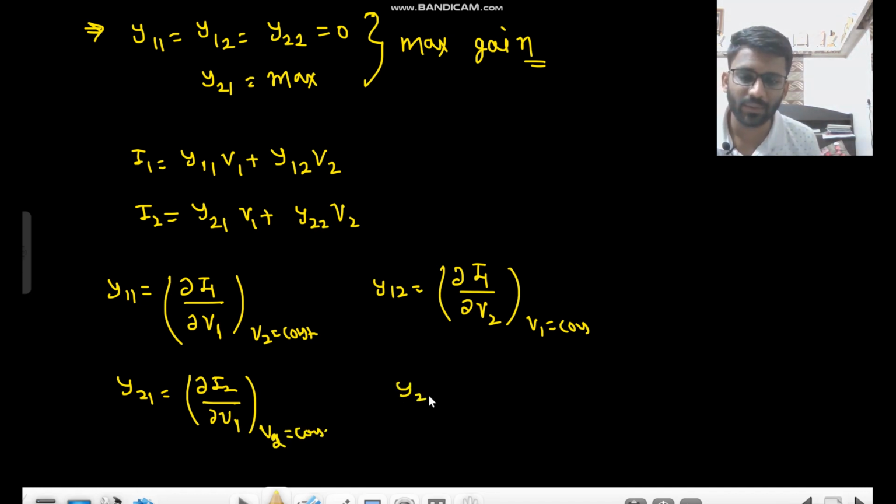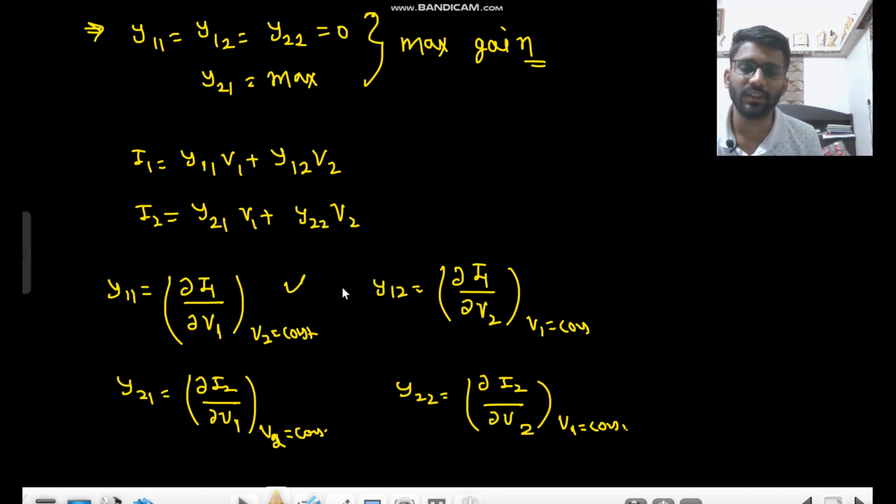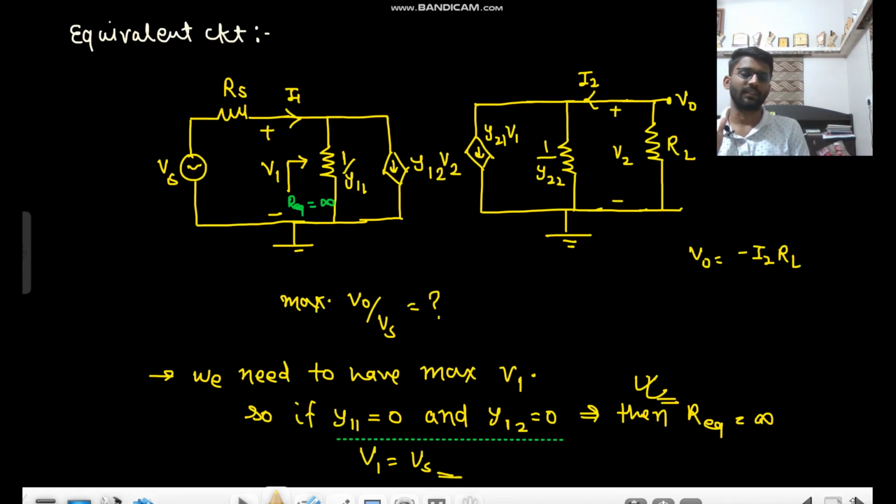And what is Y22? Y22 is delta I2 by delta V2 with V1 being constant. So Y22 should be 0 and Y21 should be maximum. Okay. So this is the condition that we got for the Y parameter. So this was the question asked. Okay. So we have solved this.